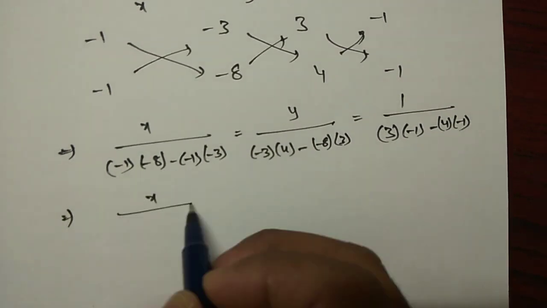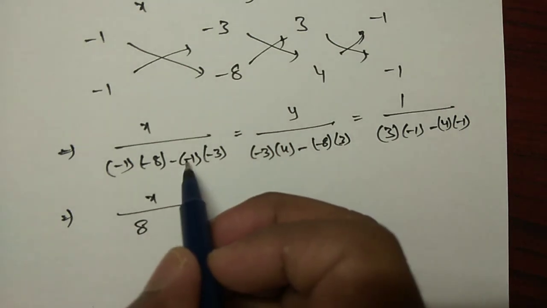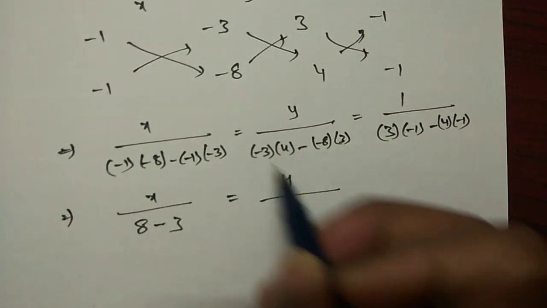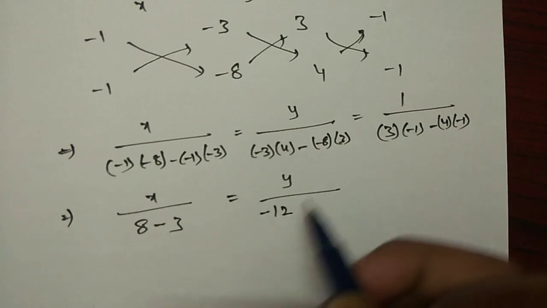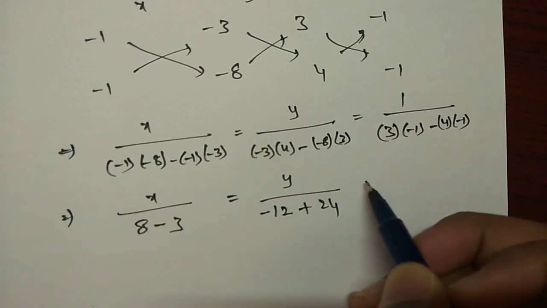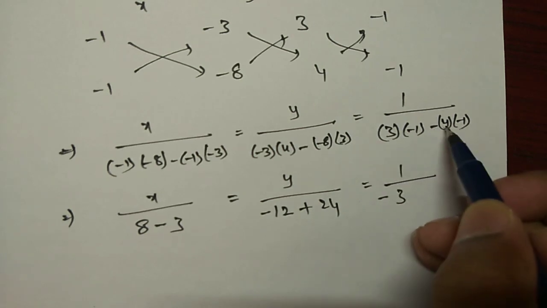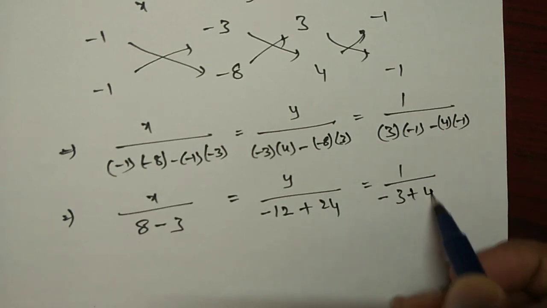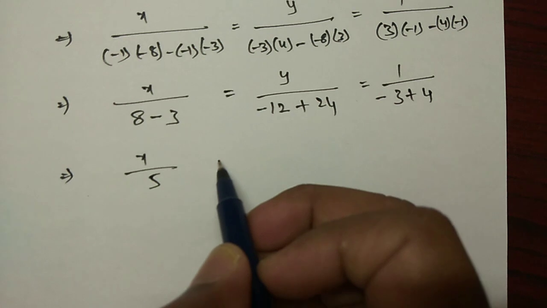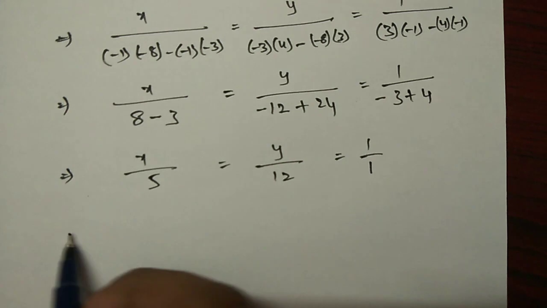That implies x by minus into minus plus, 1 8s are 8, minus into minus plus, plus into minus minus, 1 3s are 3, equal to y by minus into plus minus, 3 4s are 12, minus into minus plus, plus into plus plus, 8 3s are 24, equal to 1 by plus into minus minus, 3 1s are 3, minus into plus minus, minus into minus plus, 4 1s are 4. That implies x by 5 equal to y by 12 equal to 1 by 1.